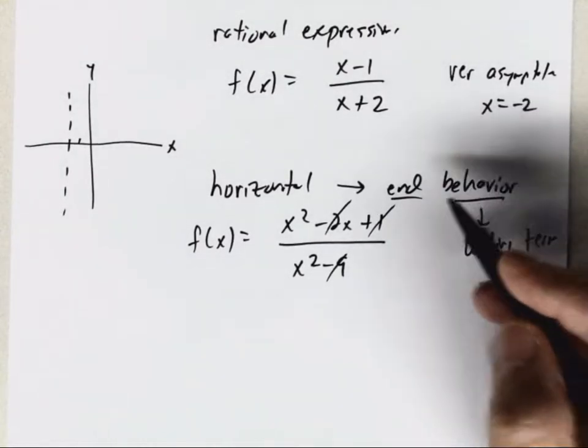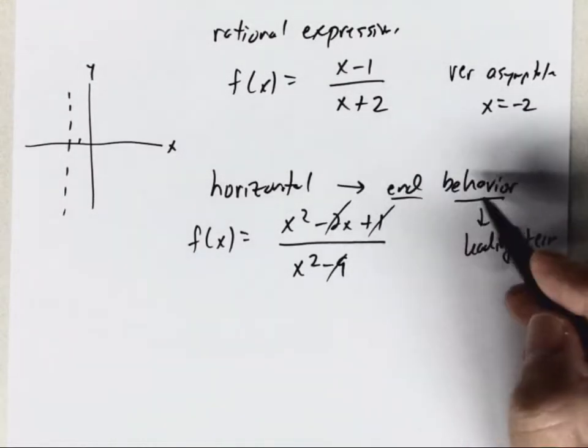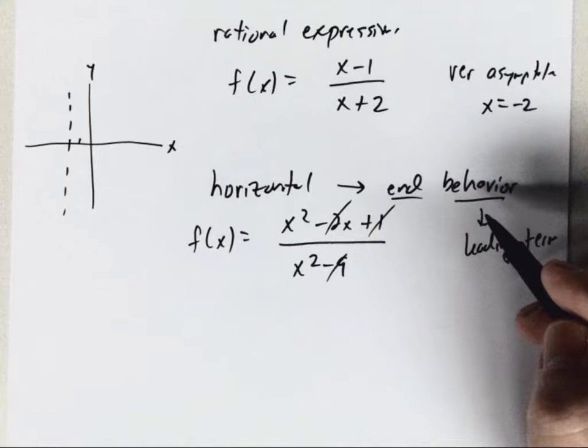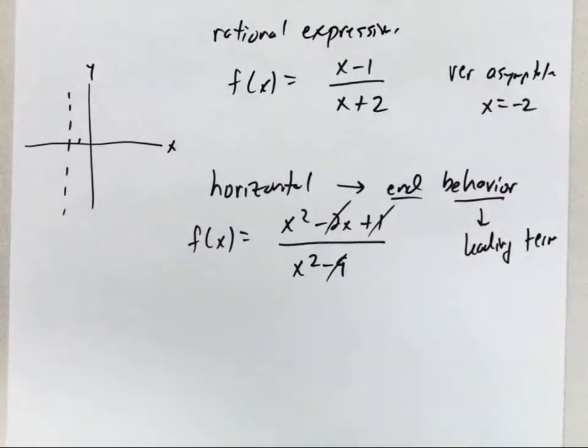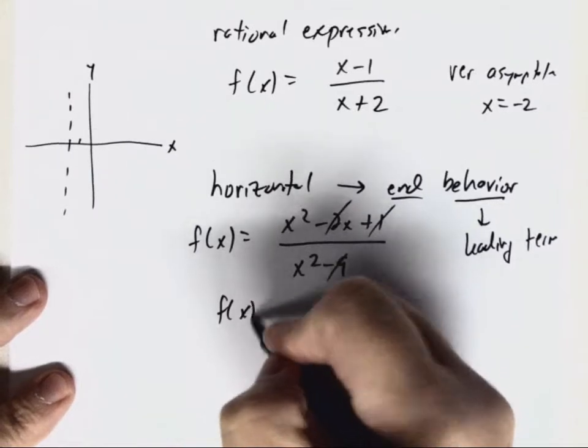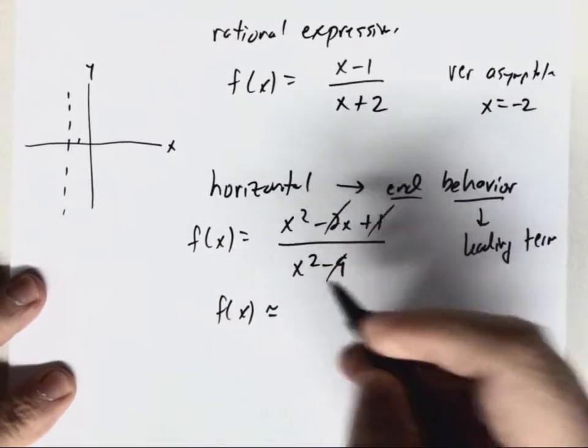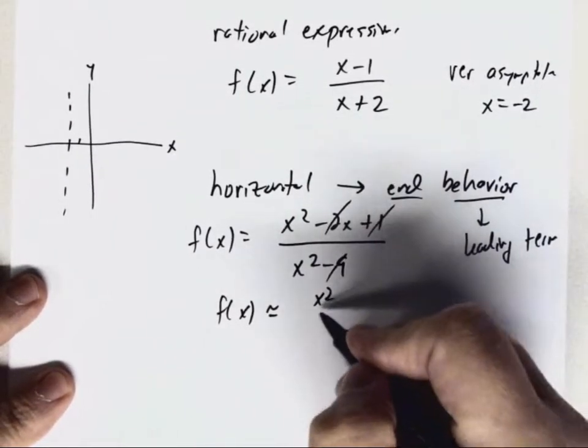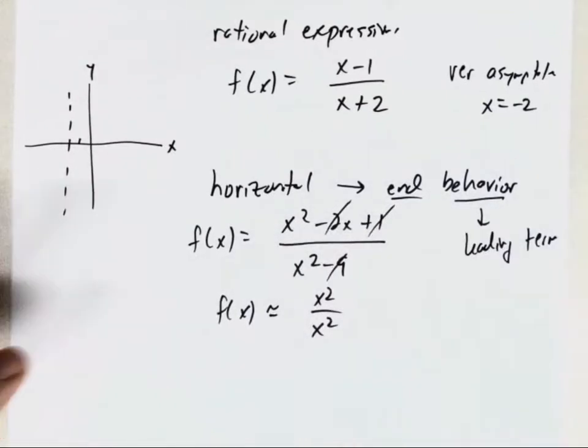As I think about end behavior, and that's what asymptotes are concerned with, what happens at the edges of your graph when x gets really big or really small, I'm left with approximately, in this case, x squared over x squared.